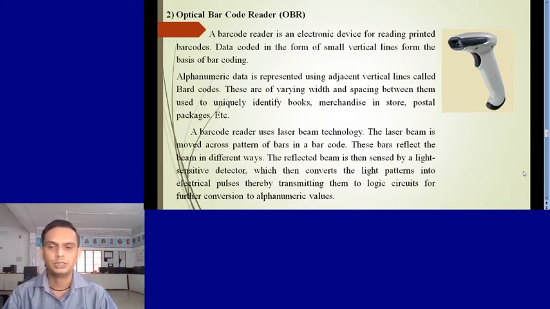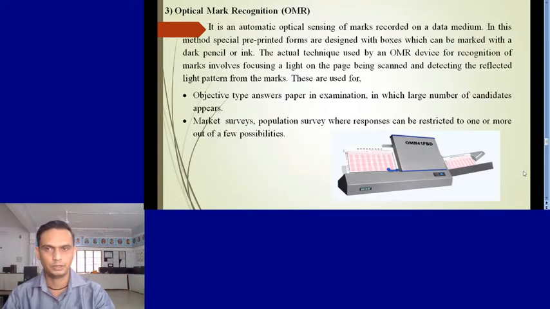Those pulses are transmitted to the logical circuit of our computer and converted into ASCII code, binary language or alphanumerical values that the computer system can understand. So this is also a direct input system, through which we can directly input to the computer system using OBR equipment.